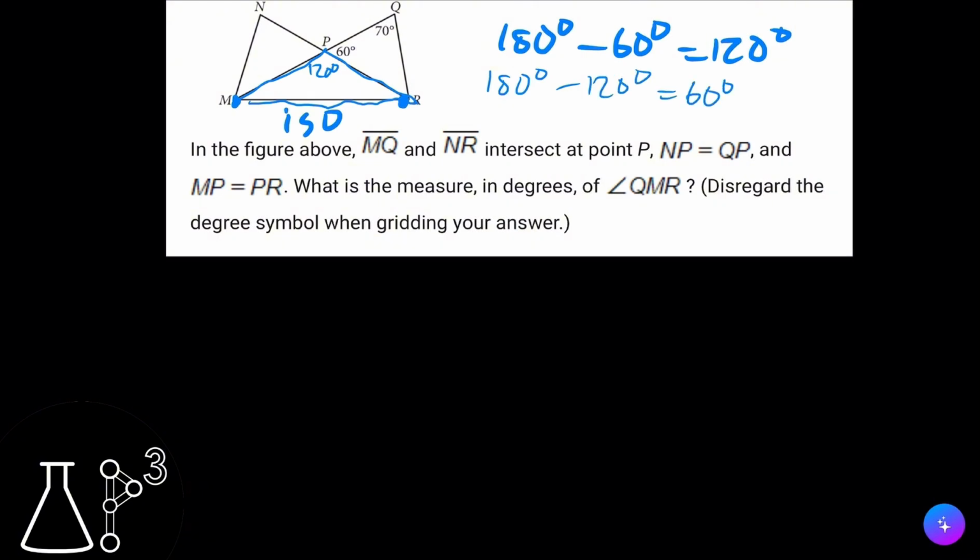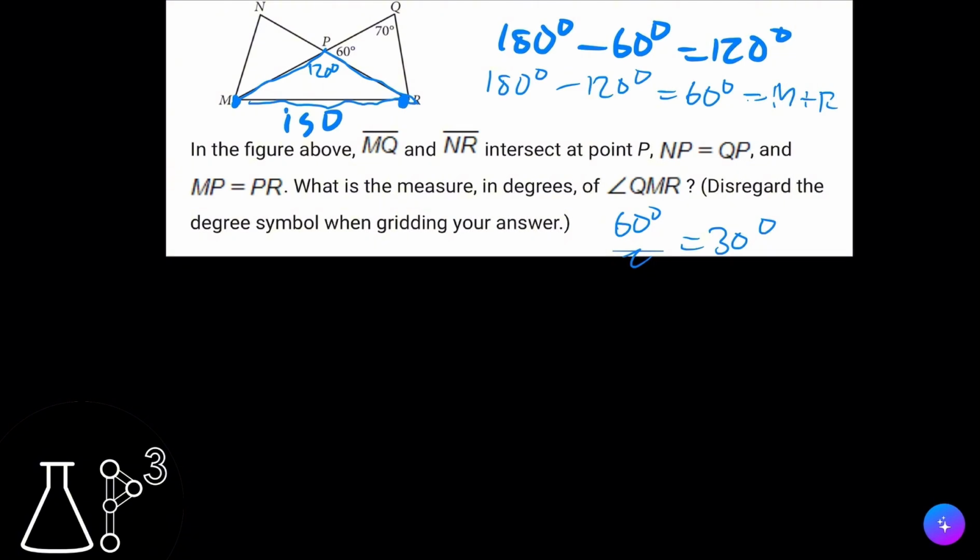What does that mean exactly? 60 degrees equals M plus R, because they both have the same angle measure. They both equal each other because it's an isosceles triangle. Therefore, I would want to do 60 divided by 2, which gives me 30 degrees. Therefore, my angle measure of QMR equals 30.